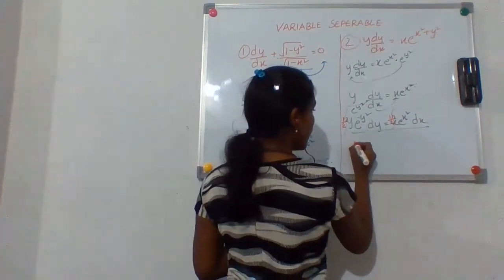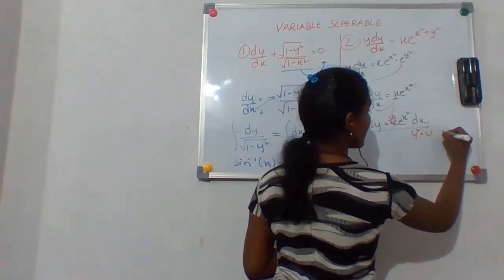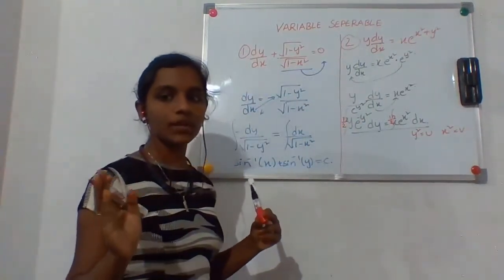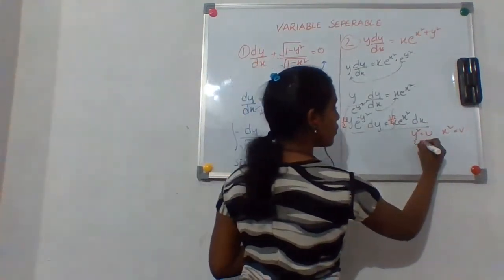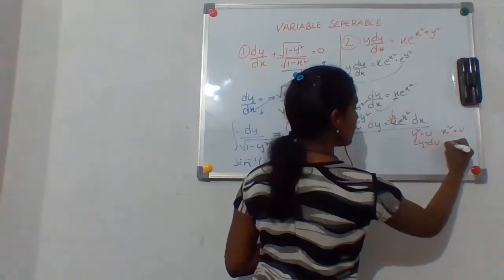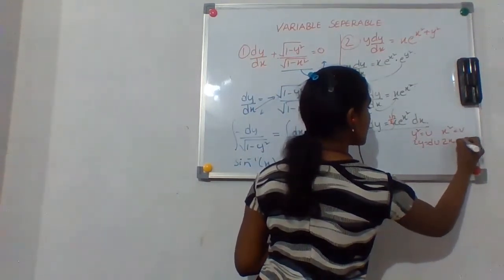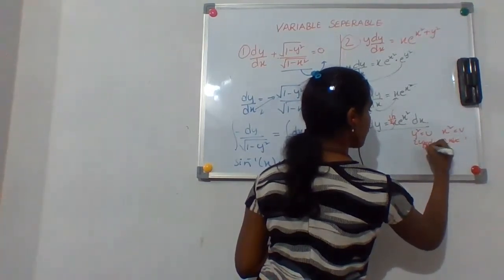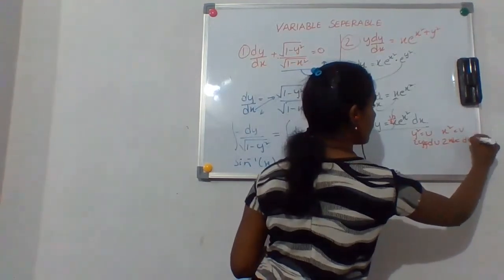Now I will put y square is equals to u and x square equals to v. Understand? Y square equals to u and x square equals to v. Then what do I get? 2y dy equals to du and 2x dx is equals to dv.